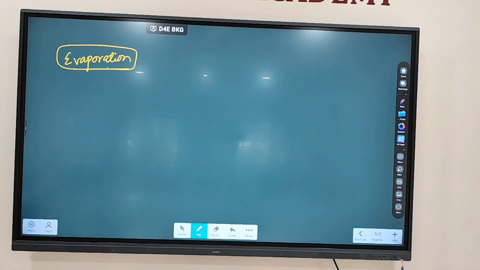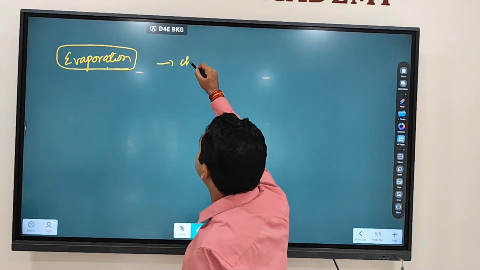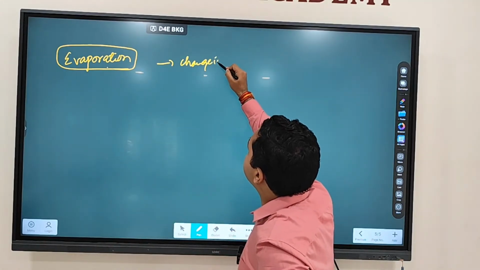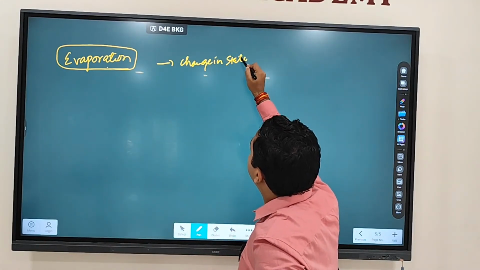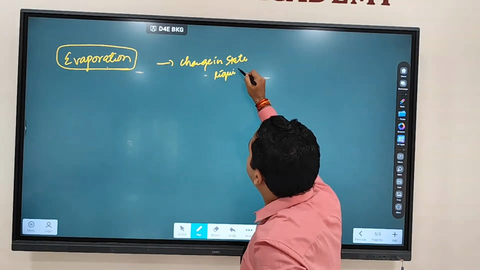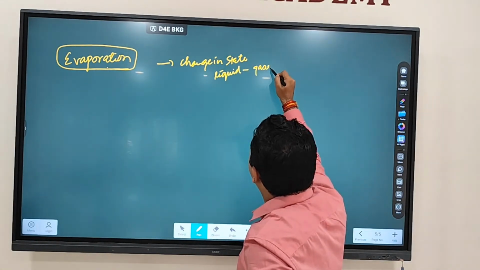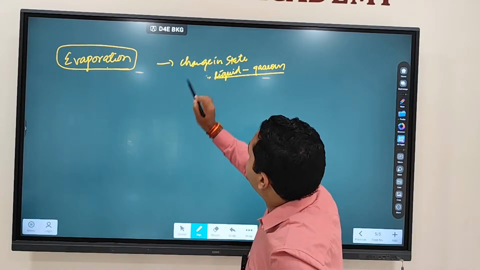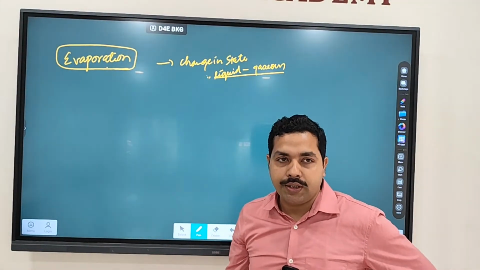What are you changing? From liquid to gaseous state. Yes. So evaporation is basically a change in state. Basically, you are converting liquid into gaseous state.